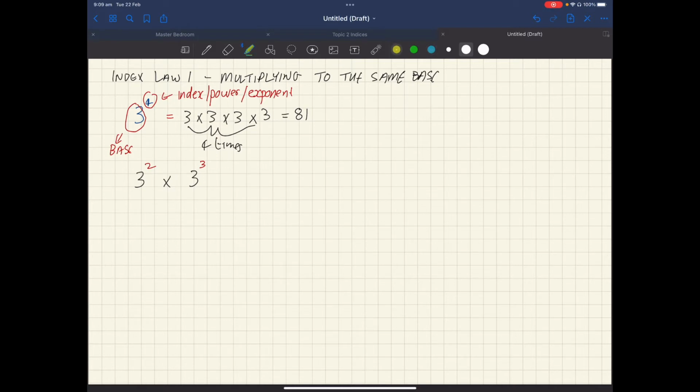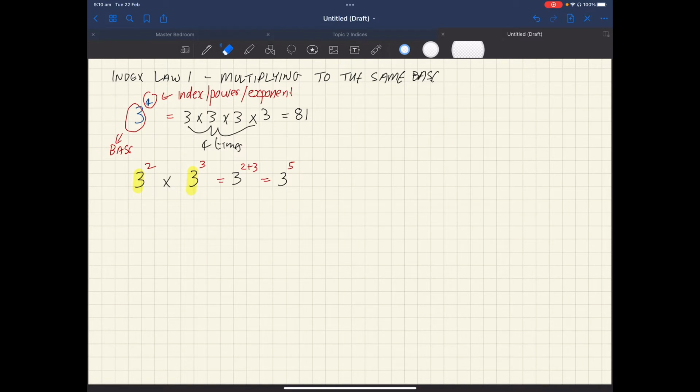They are both base 3. So the rule is we write down the base, which is 3, and we add their indices. So the indices were 2 and 3, so we've got 3 to the power of 2 plus 3. This means we now have as our answer 3 to the power of 5.